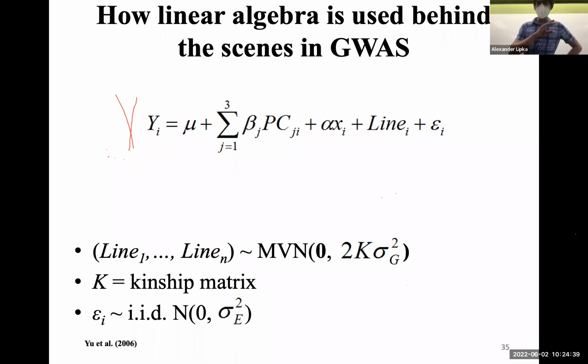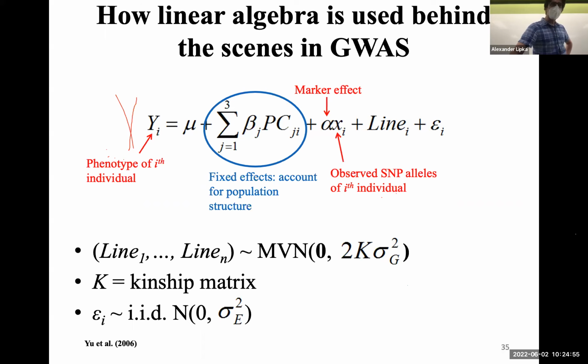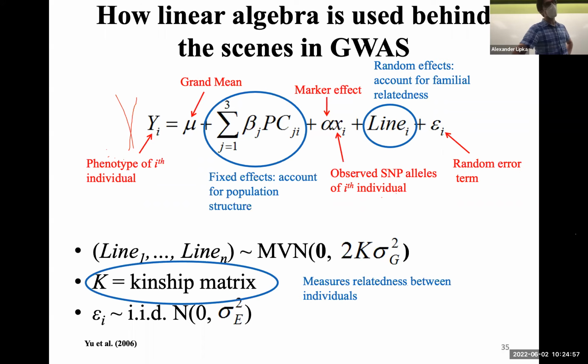Okay, so now we're going to take some GWAS and genomic selection models and show linear algebra representations of the same models that we've seen already. So this is a unified mixed linear model. I'm going over all the bells and whistles quickly because we've seen this already.